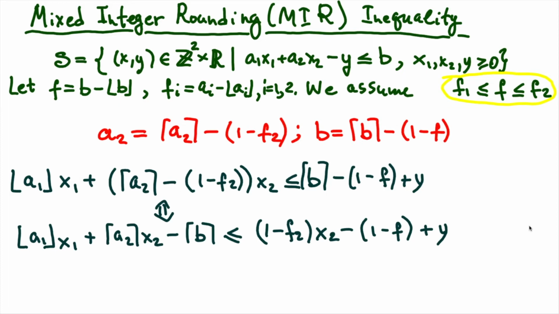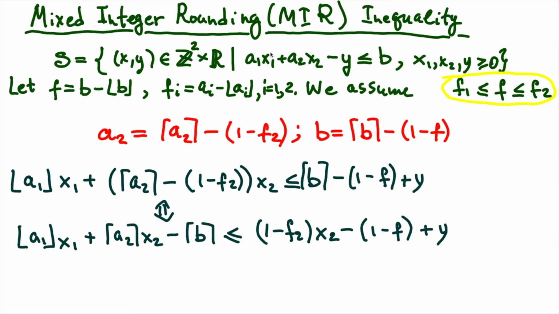But now we are going to establish the mixed integer rounding inequality in a setting that is more compact on the one hand. Here we have only 3 variables, and is quite general on the other hand, because we look at one variable with the fractional part that is less than or equal to the fractional part of b, and the other variable has the fractional part that is greater than that of the right hand side.